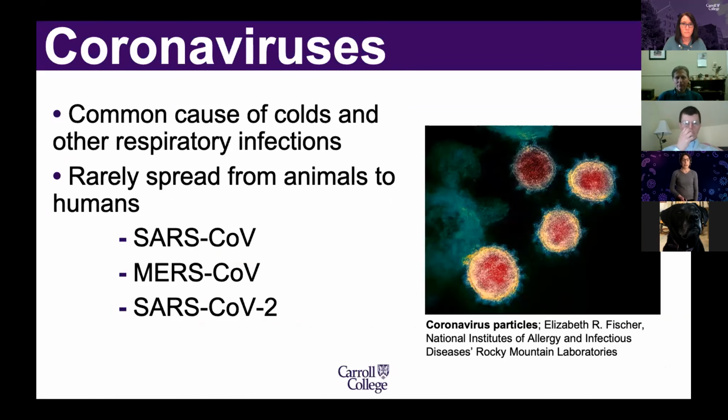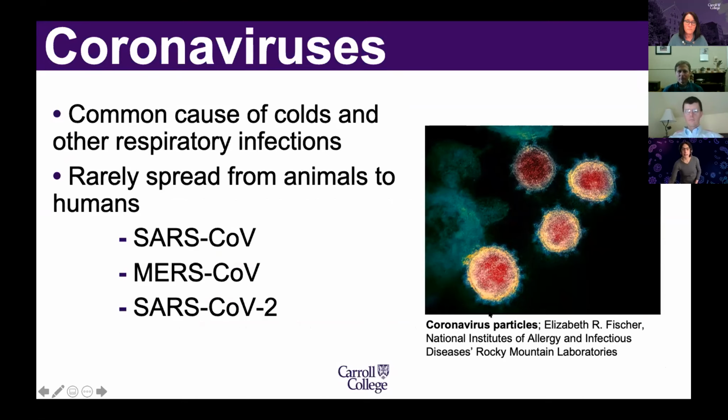Coronaviruses are a large family of viruses that usually cause mild illnesses like the common cold. Coronaviruses get their name because when viewed under electron microscopy, each virus particle is surrounded by a corona or crown.